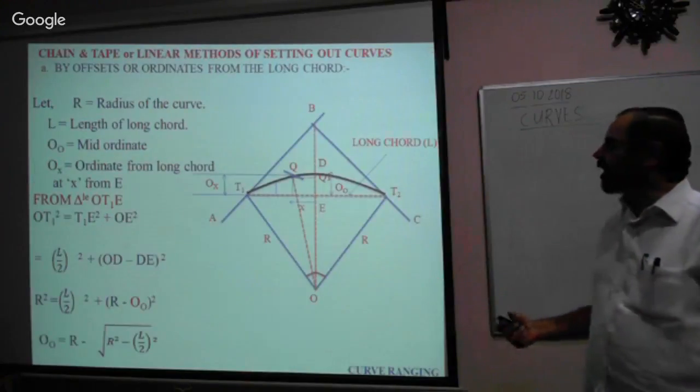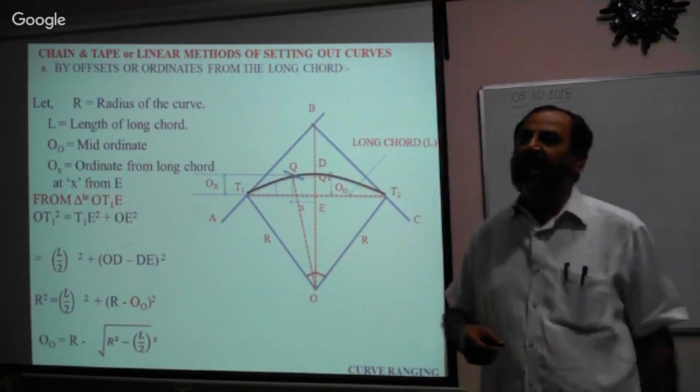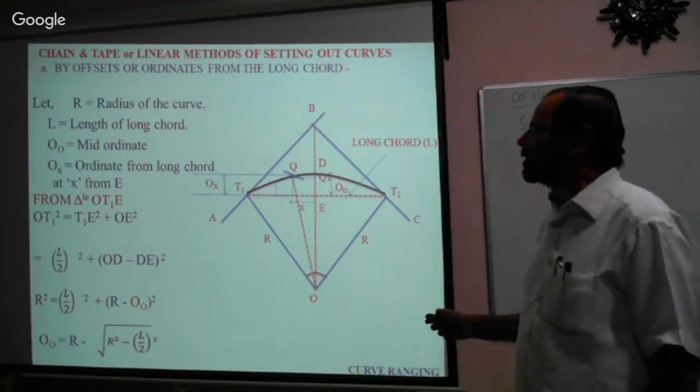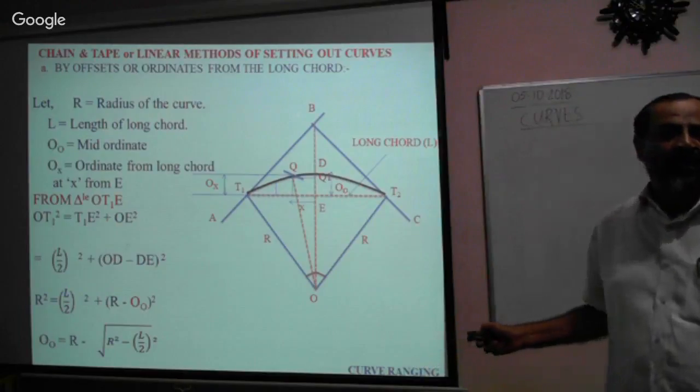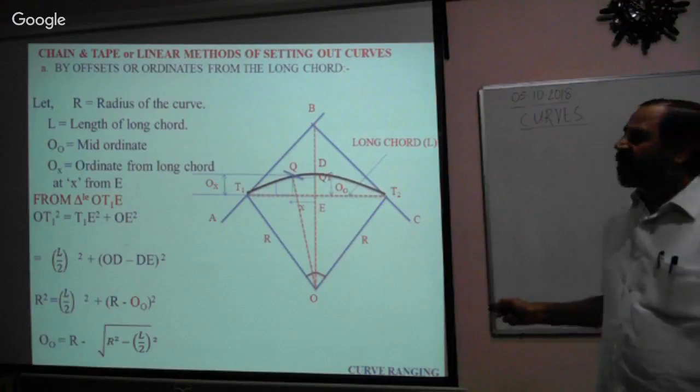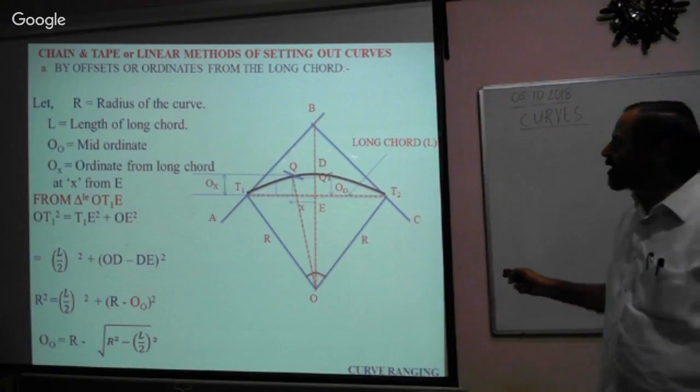Now we'll come to offsets, that is, ordinates from the long chord. For the given curve, I think we understood all the terminologies.